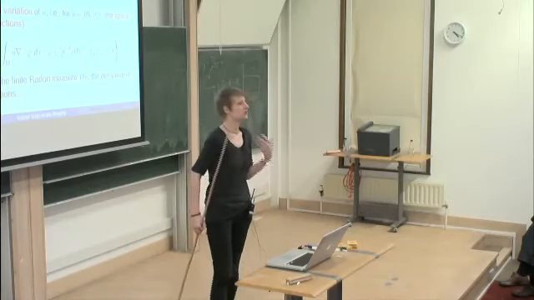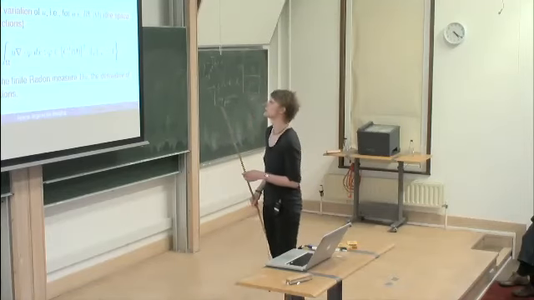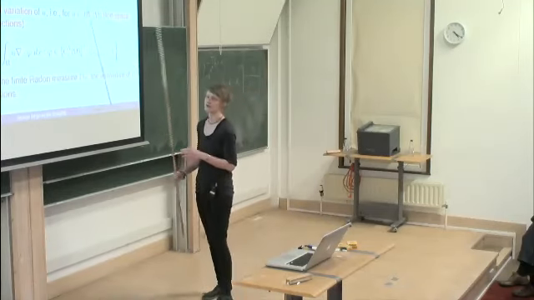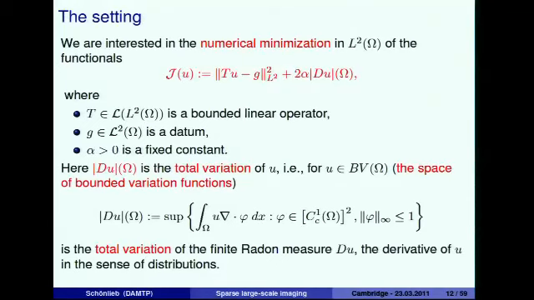And this is very important, because just talking about the L1 norm of the gradient of u, your solution actually has different properties than a minimizer of the total variation.